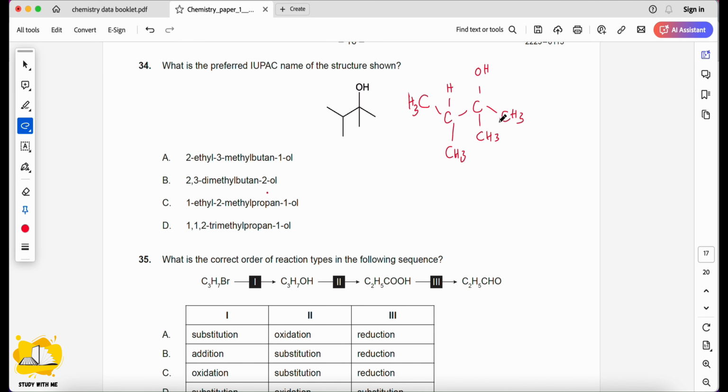So we will start numbering from 1, 2, 3, 4. So it will be 2-ol. The alkyl groups will be at 2 and 3. So 2,3-dimethylbutan-2-ol.